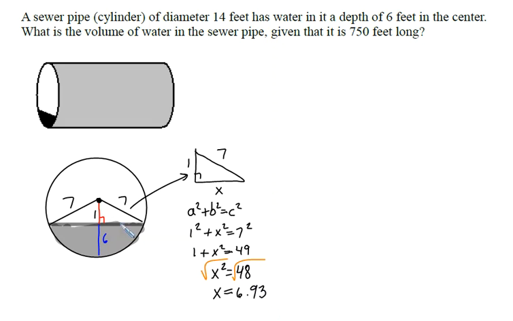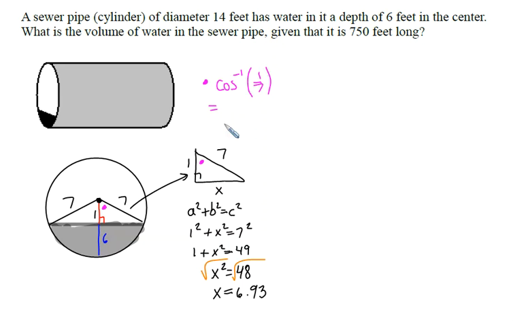Now that we have that, we can also determine this angle right here in the triangle setup that we're investigating. To find that angle, we would simply do the inverse cosine of 1/7, because cosine involves the adjacent divided by the hypotenuse.